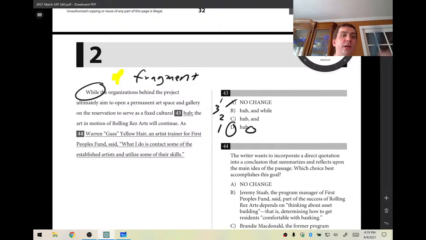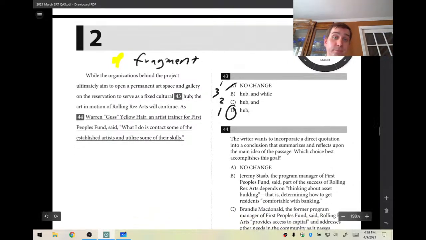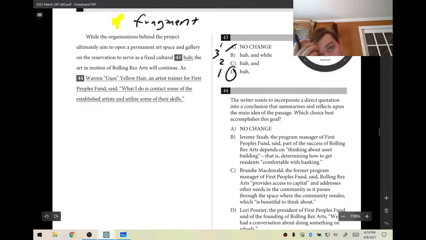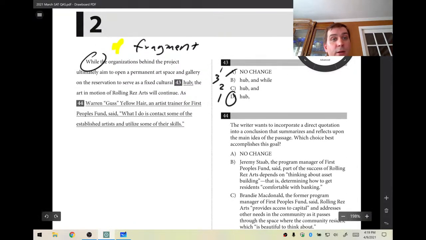So because of this clause, we're introducing a clause with this while. We will eventually need the comma to close it. And you can count the number of words, and you can realize that the answer choices B and C are wordy. All right, so that one was D, and we did need a comma there because of this while.